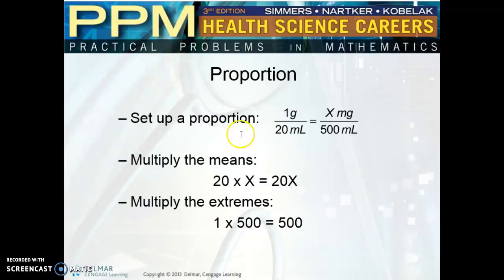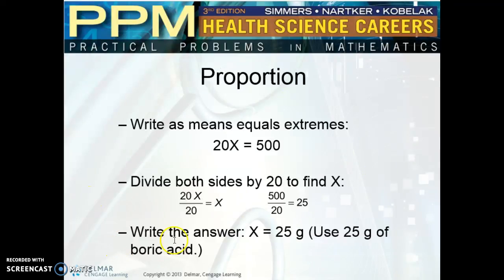The question is, how many grams are in 500 milliliters? The first thing we're going to be solving for is how many grams, because these two units must be the same. We know there's 1 gram in 20 milliliters. Cross multiplication of this one is going to give me 25 grams.